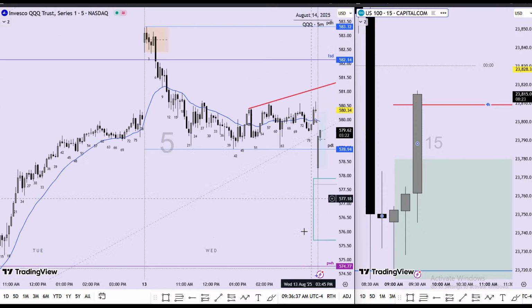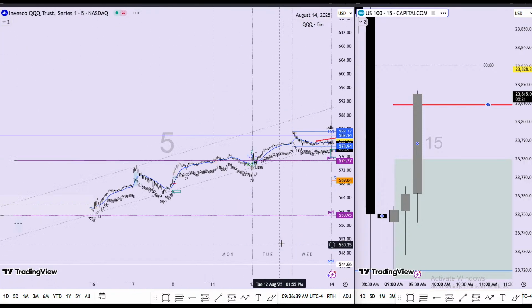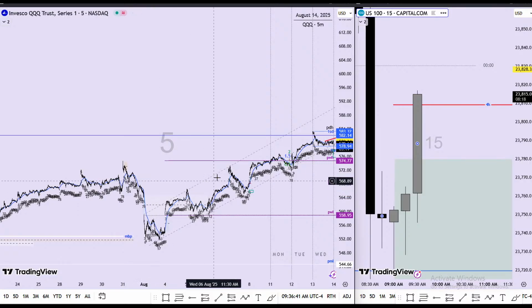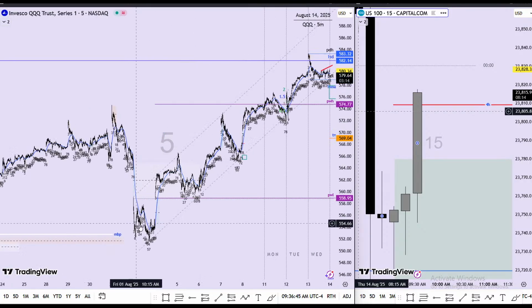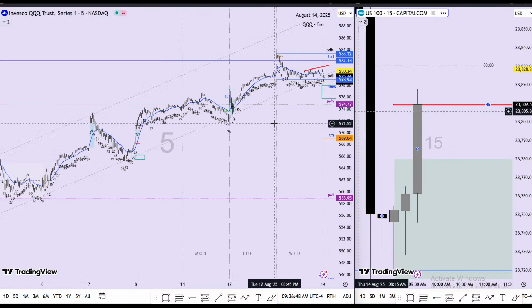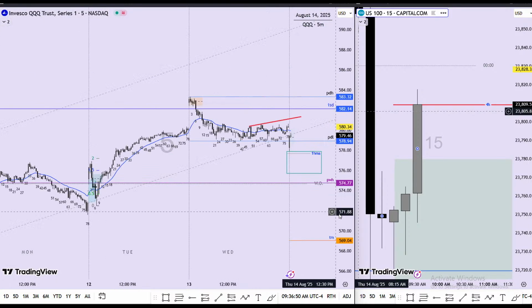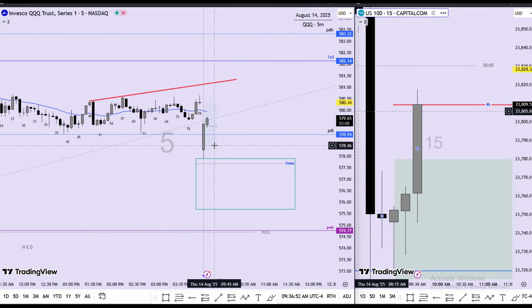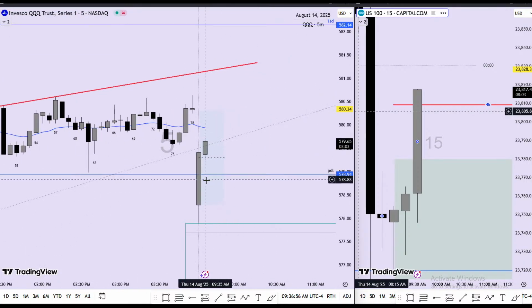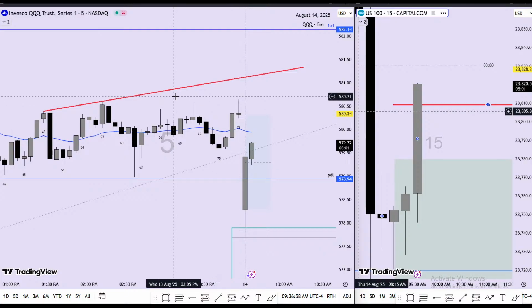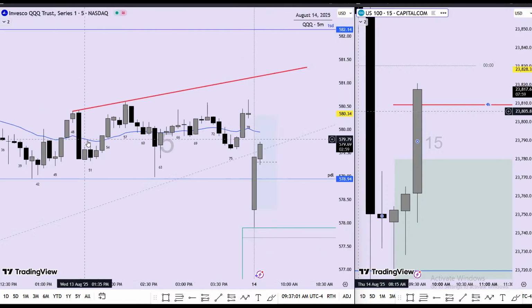Okay, so for the higher time frame context, we try to break out from this long term channel which started from the 1st of August till now. We have opened below that channel. We are retesting this channel again. So there's a very high probability that something like this is going to happen.